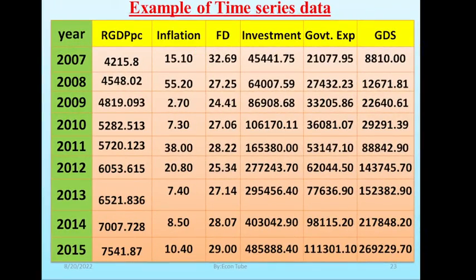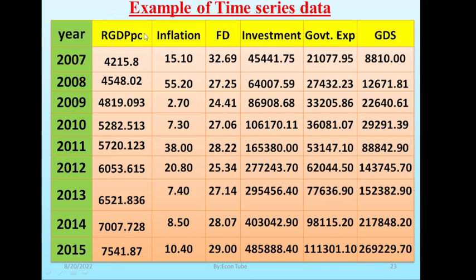For time series data, we have data over any period for a specific object or entity, for example, data for Ethiopia or data for Kenya or data for China.